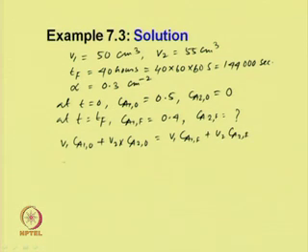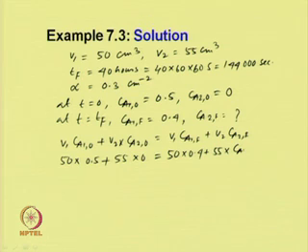So, 50 into 0.5 plus 55 into 0 will be equal to 50 into 0.4 plus 55 into Ca2f. So, Ca2f is equal to 0.091.